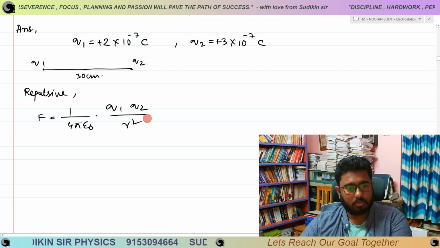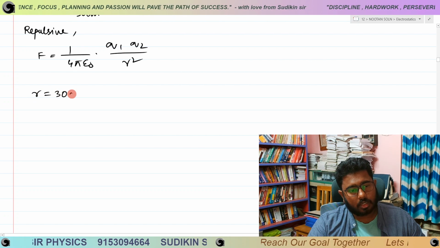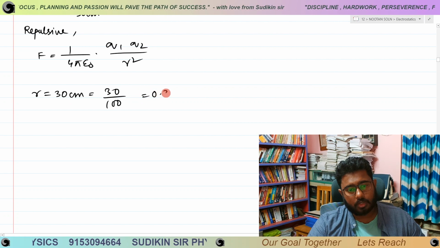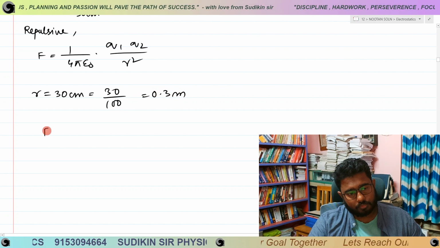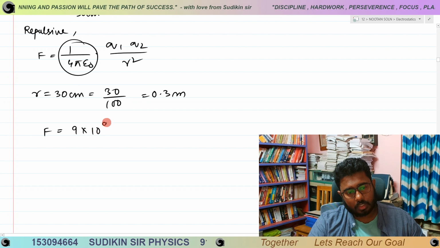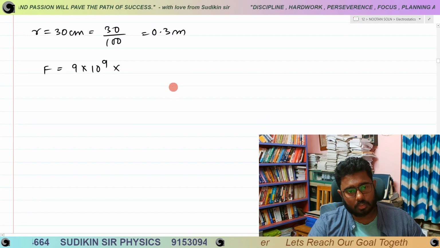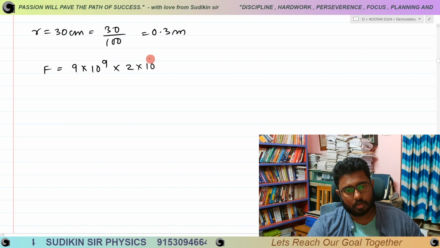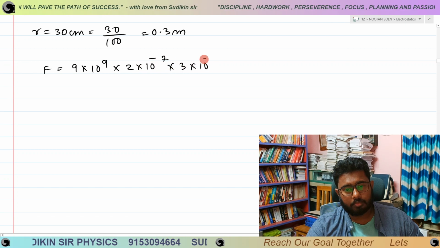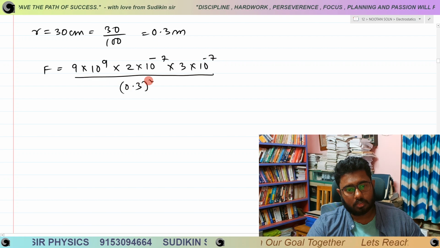Here r is 30 centimeter, that is 30 by 100, which is 0.3 meter. 1 by 4 pi epsilon naught is 9 into 10 to the power 9 in SI. q1 q2 is 2 into 10 to the power minus 7 into 3 into 10 to the power minus 7, divided by 0.3 squared.